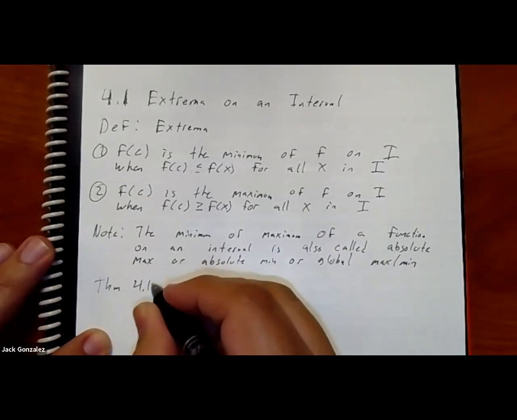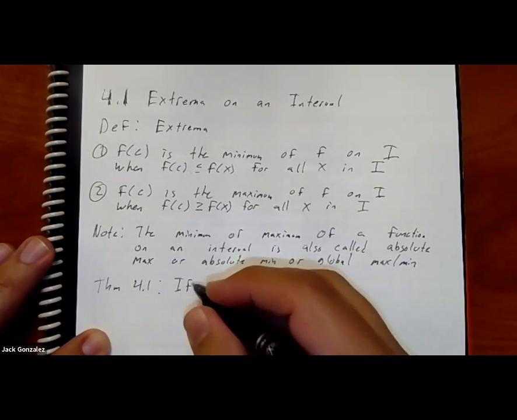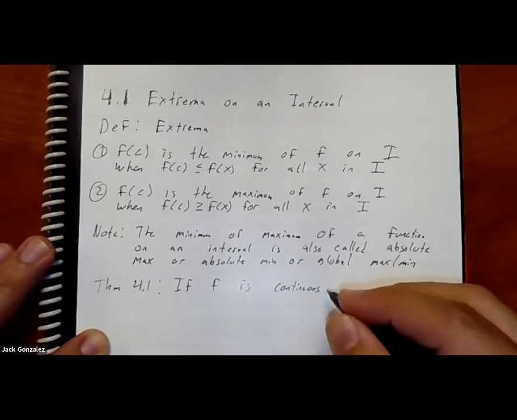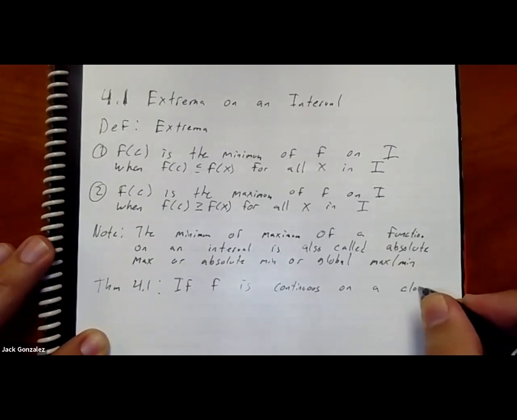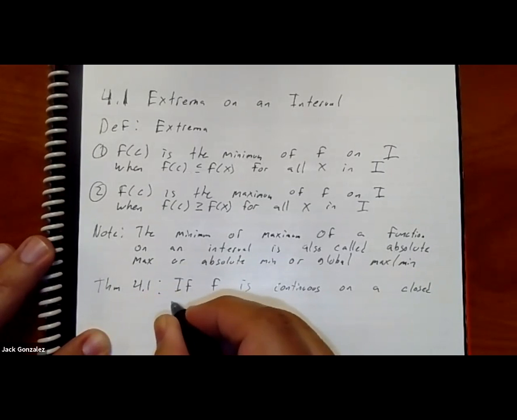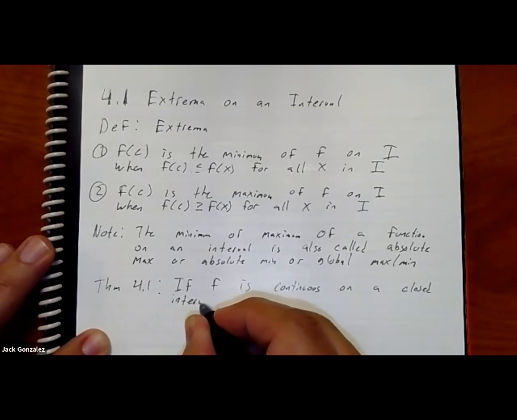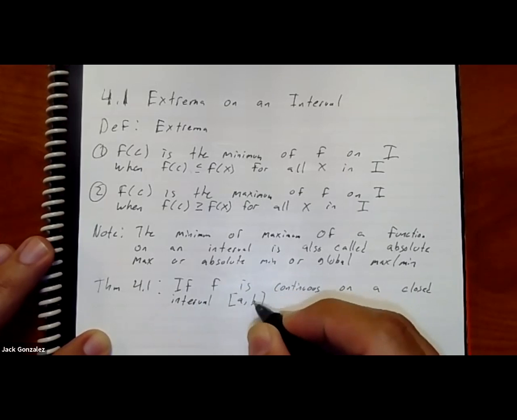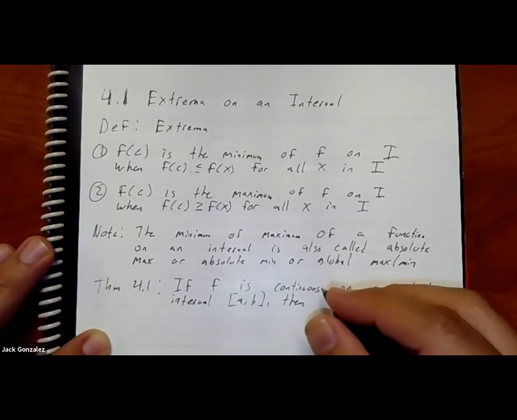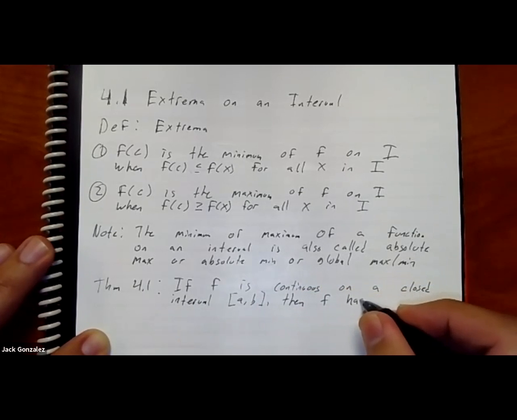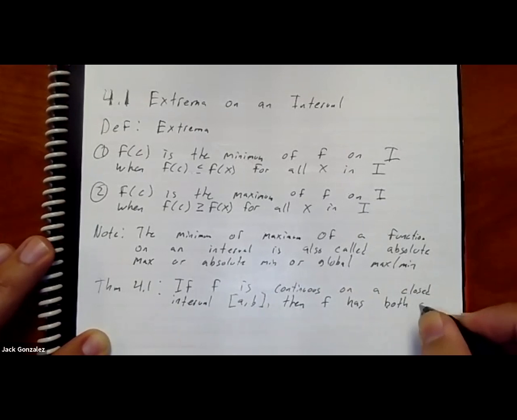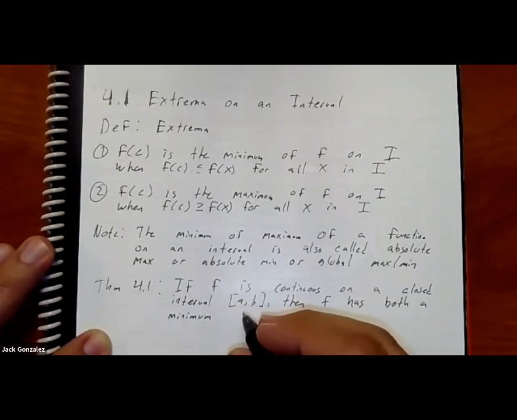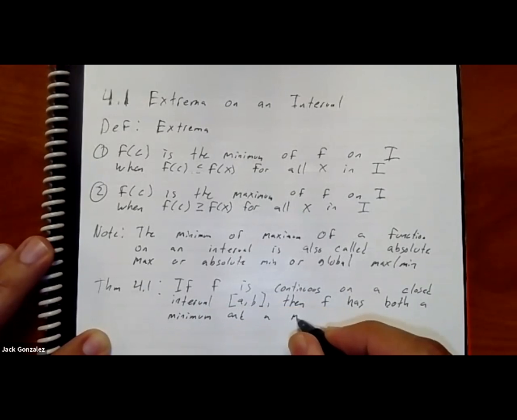Theorem 4.1 says if f is continuous on a closed interval, we'll say A to B, then f has both a minimum and a maximum.